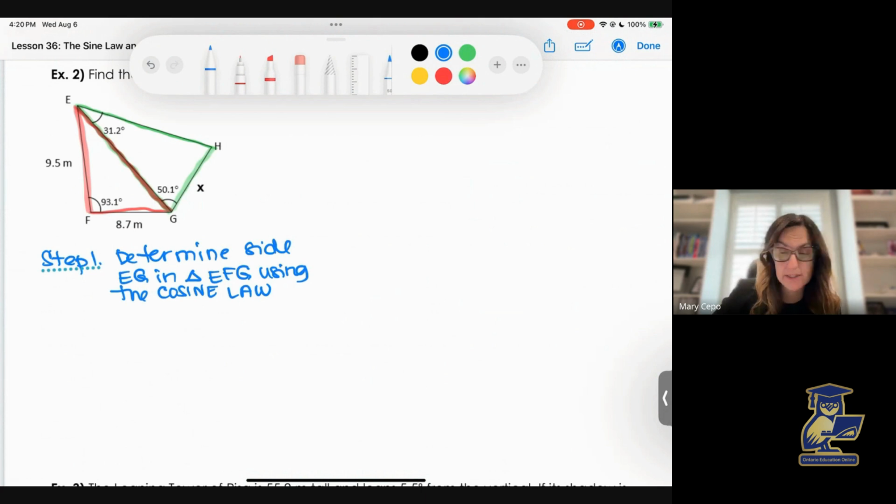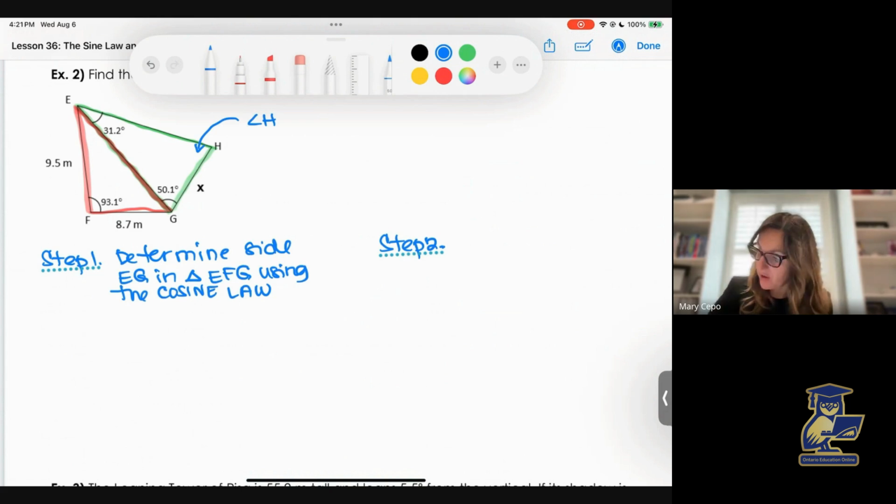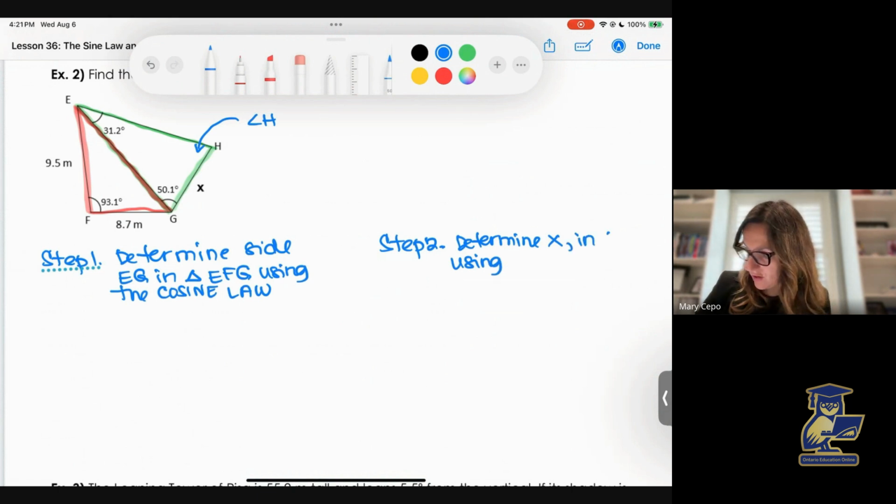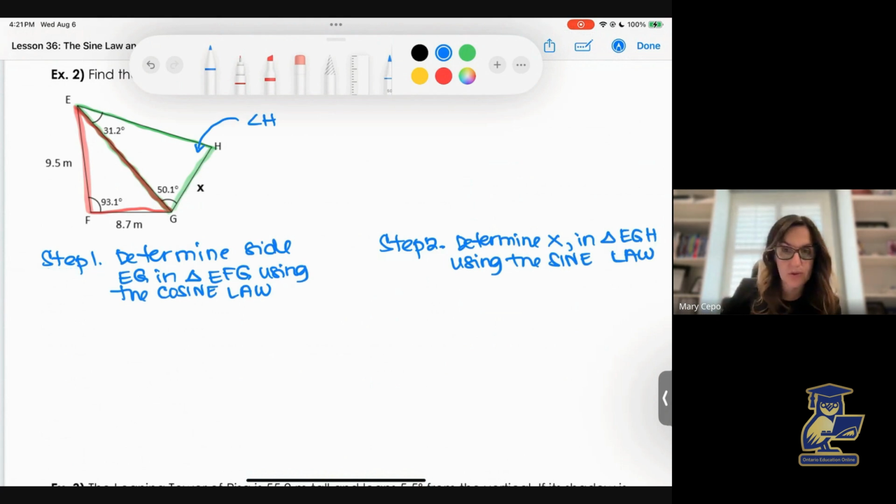Okay, with that in mind, if we have that common side EG, then we are able to use step 2, because we would have a side and the angle, side angle, we can determine the angle H in order to use the sine law. So we're going to say step 2, determine x in triangle EGH using the sine law. So it's better to plan your steps before you start solving.